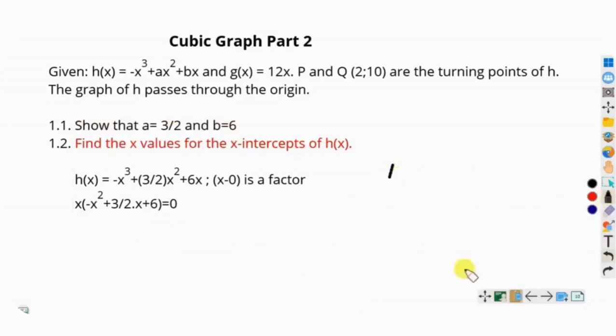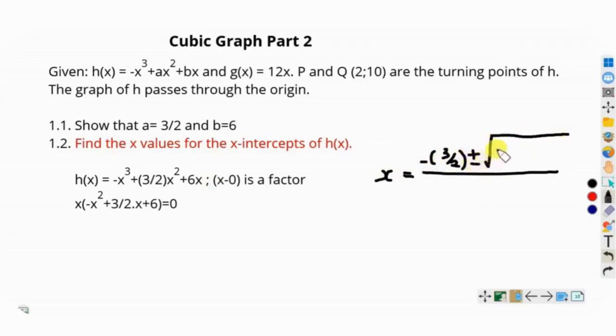So I just came here, x equals to minus b, b is 3 over 2, plus or minus root of b squared, 3 over 2 squared, minus 4 into AC. A is negative, it's the quadratic part. And C is positive 6.